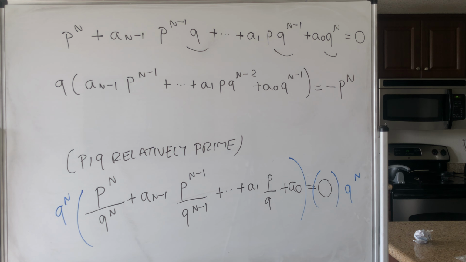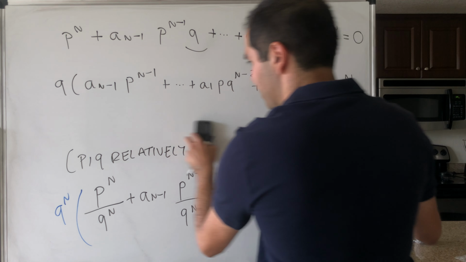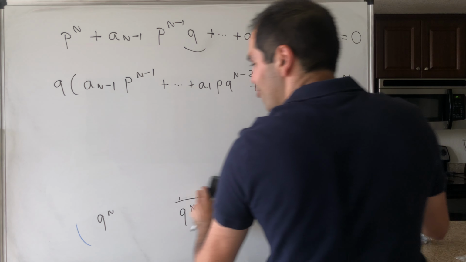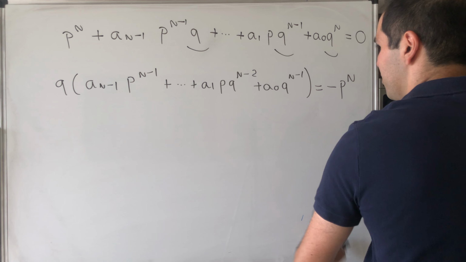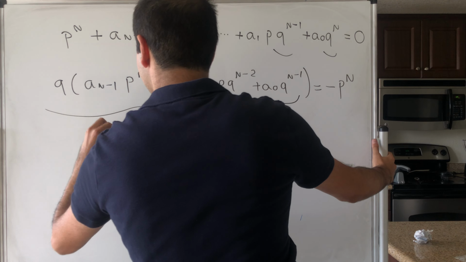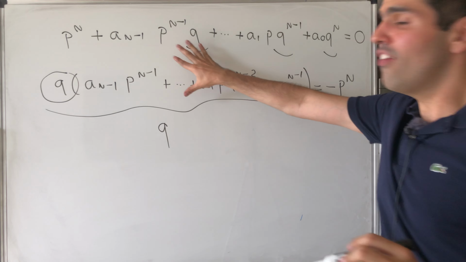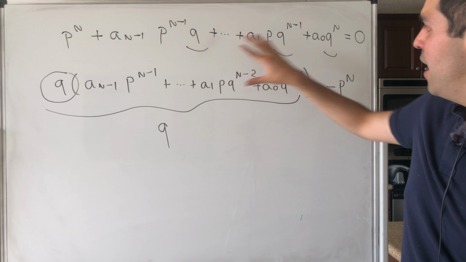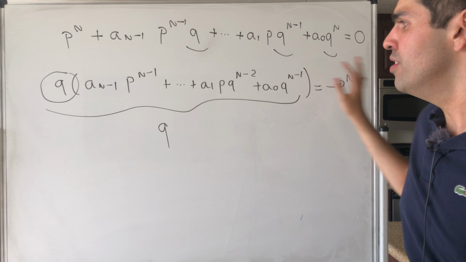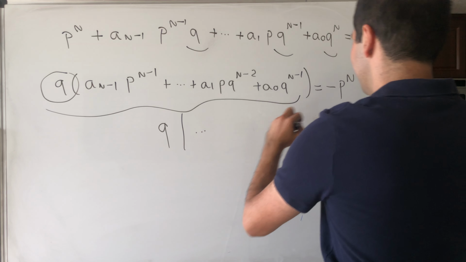And here's a nice thing. Look at this expression on the left-hand side. It has a factor which is q, a very cute factor, if you'd like. So q divides the left-hand side, and because those are equal, it also divides the right-hand side.